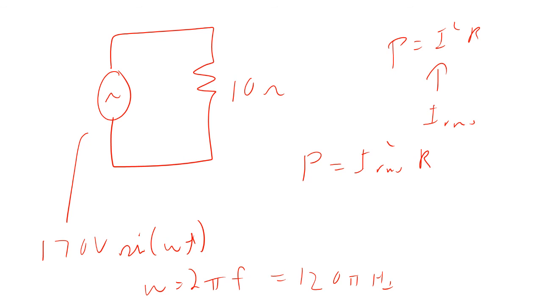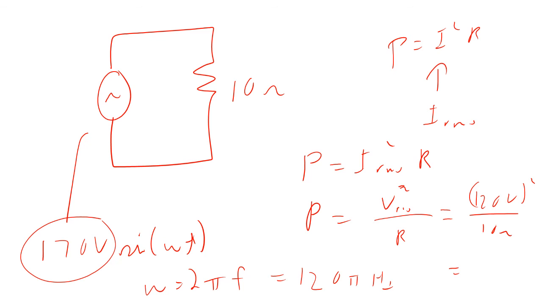Or that would be the VRMS squared over R. How did I get that? Well, I equals V over R. So I plug that in, and that gives the VRMS squared over R. So this would be equal to 120 volts squared over 10 ohms, because that's the RMS value of this.